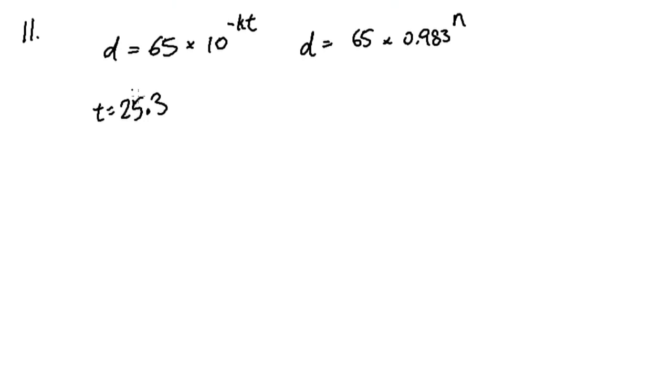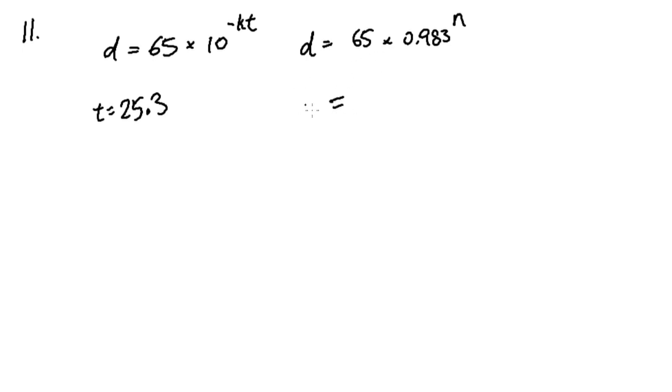And finally part 4 for D, we need to use t equals 1 minute in the previous equation to find what k is. Then you use that equation to find t is 25.3. So let's start with t equals 1.